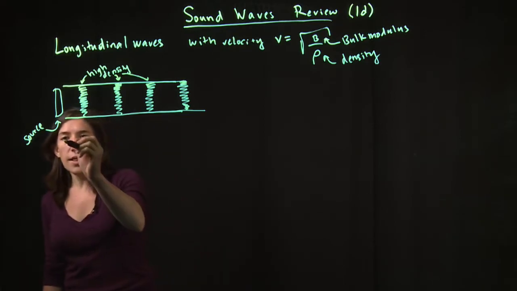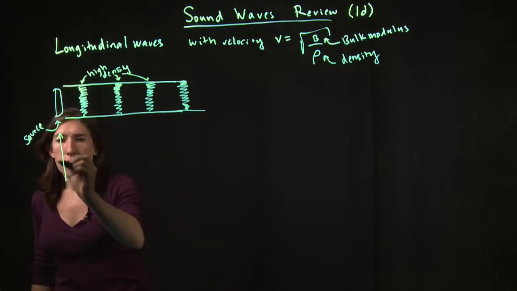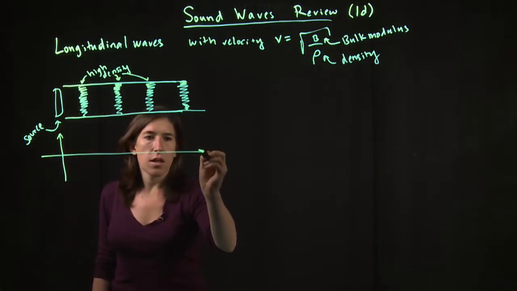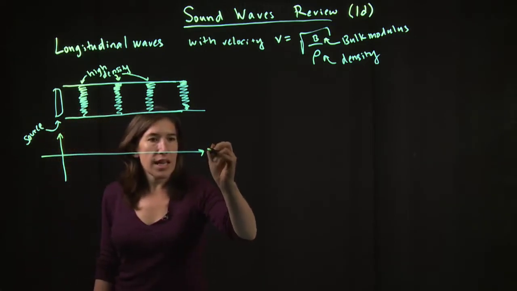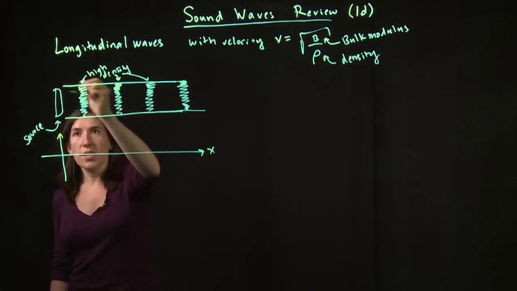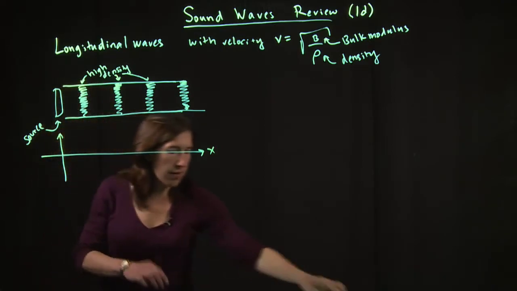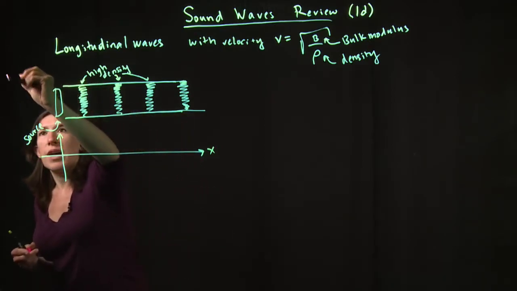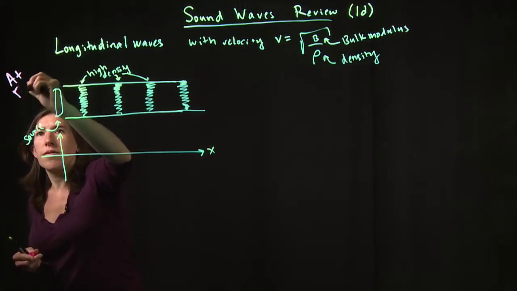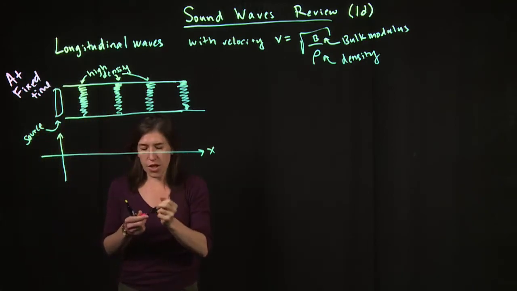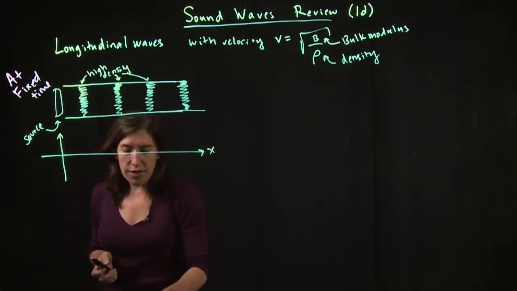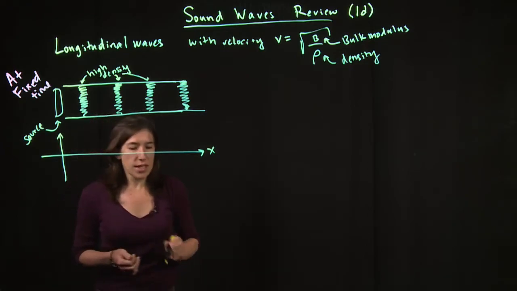And so we could plot this. What I'm plotting is, again, all at fixed time. Maybe I'll write that in a different color. So at fixed time, we're really considering some time snapshot of what our sound wave in this one-dimensional pipe looks like.